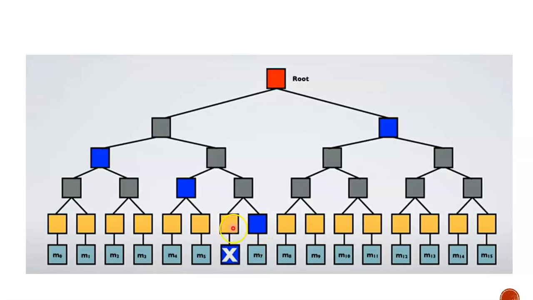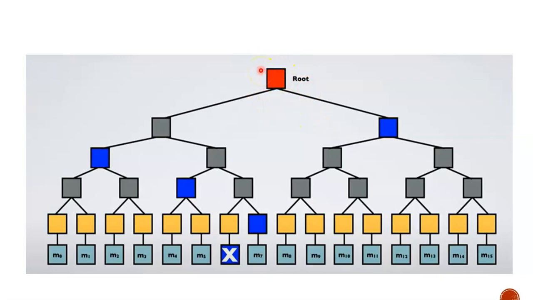With this hash, you can calculate the hash of these two things, and you can get the hash of this data. And with this hash, you'll be able to compute this hash, and then this hash. And if you have this hash and this one, finally you can compute the root.